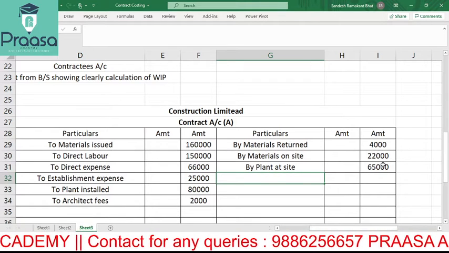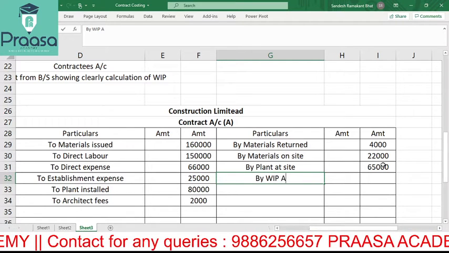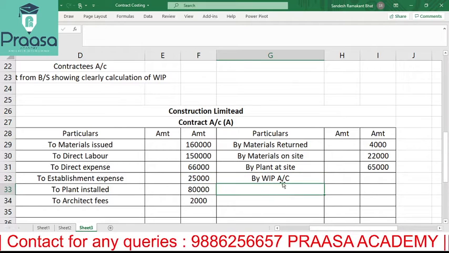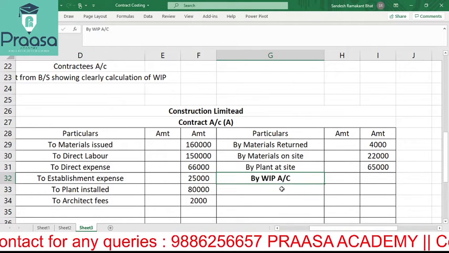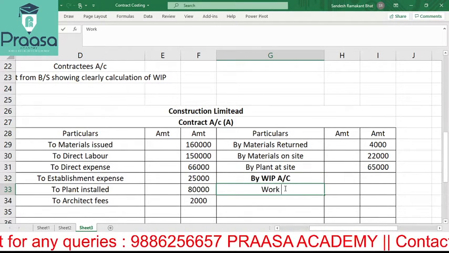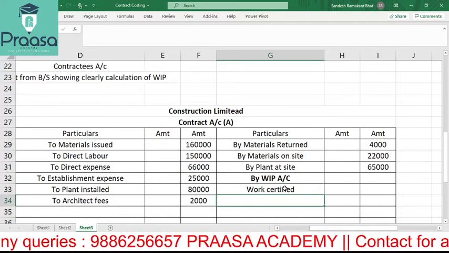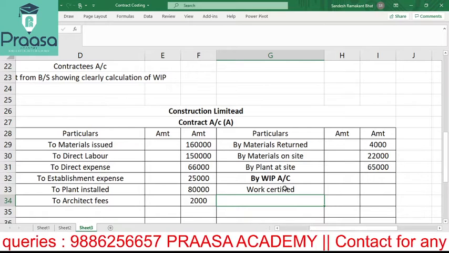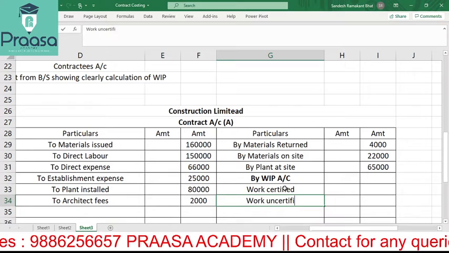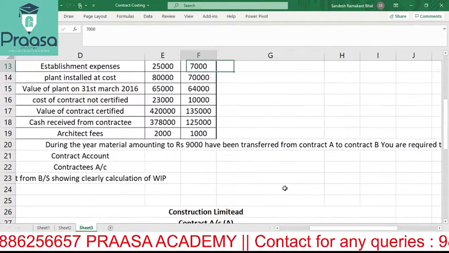Then comes a very important working, that is by work in progress account. I will select that and press Control B to bold it. What information do I need to consider? Work certified and work uncertified both come under work in progress. How much is work certified?